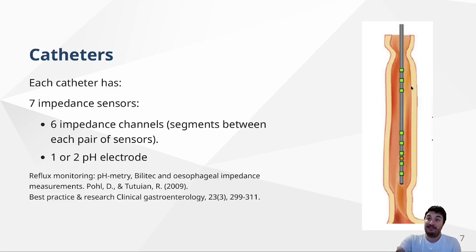These 7 impedance sensors provide 6 channels of impedance because they work in pairs, so you measure the resistance between these two, these two, and these two. So you have 6, and the pH sensor, which is located here. In some cases you can have two pH sensors located in different positions. So at the end you have a time series of 7 channels: 6 for impedance and 1 for the pH sensor.